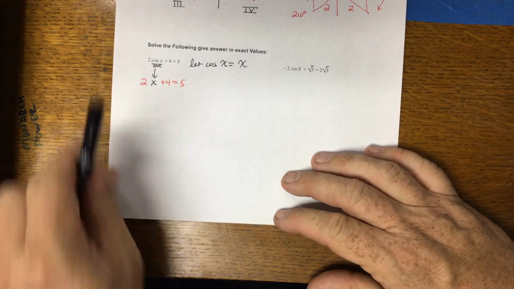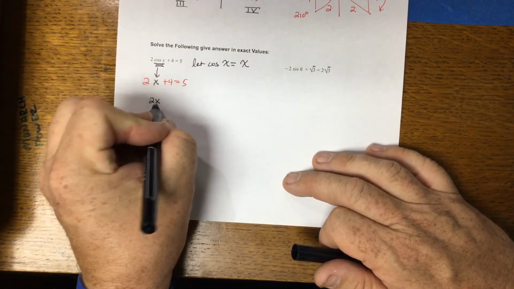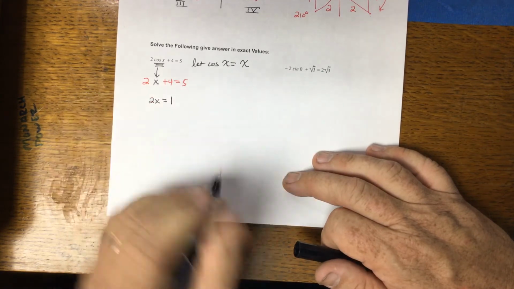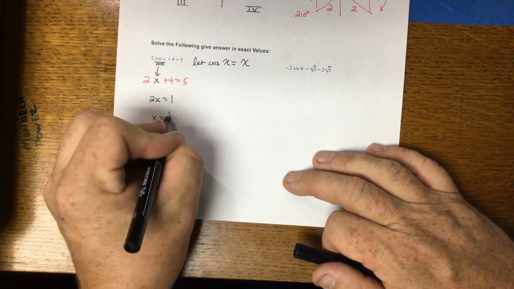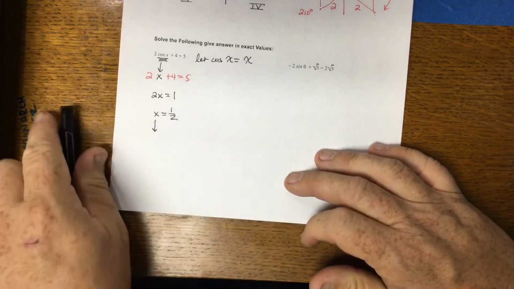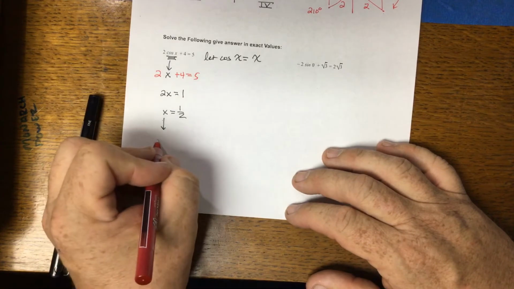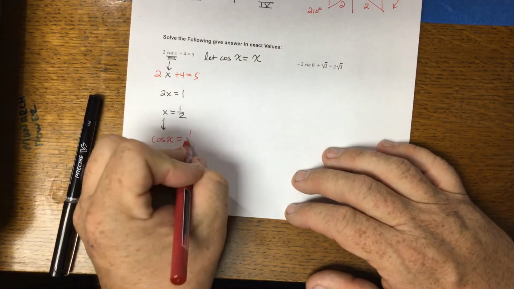Now I can solve it. I'm going to subtract 4 from both sides, so I get 2x equals 1. I'm going to divide by 2, x equals 1/2, and then I'm going to resubstitute again. So now I'm going to get cosine of x equals 1/2.